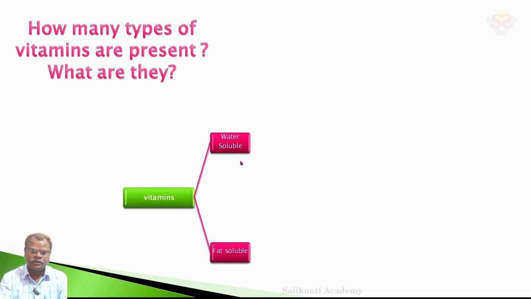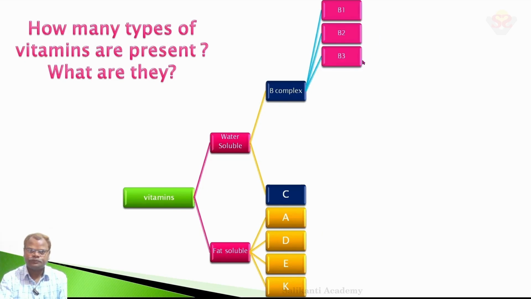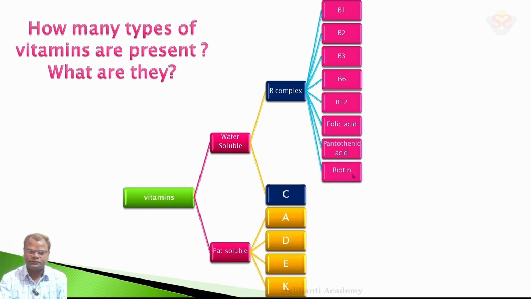Water soluble vitamins are B complex and vitamin C. Fat soluble vitamins are A, D, E, K. The B complex vitamins are B1, B2, B3, B6, B12, folic acid, pantothenic acid, and biotin.